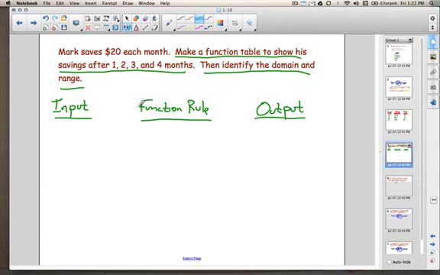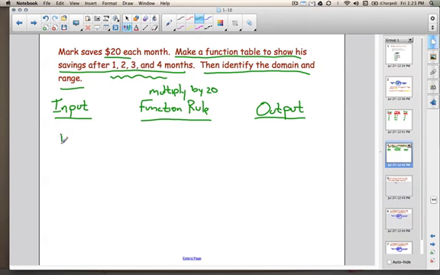And our function rule is, what is Mark doing every single month? Oh, he's going to save $20. So that means we're going to multiply by 20. And our inputs are right here, 1, 2, 3, and 4 months.